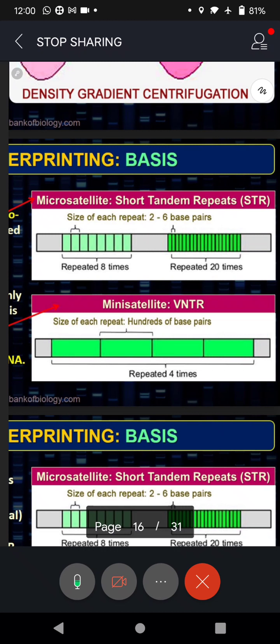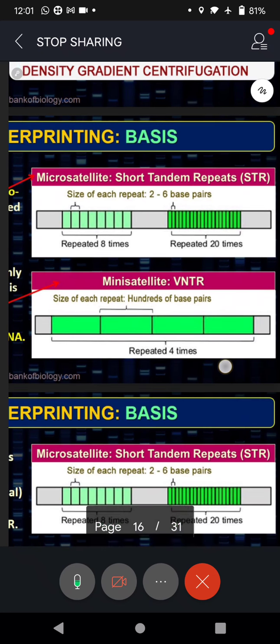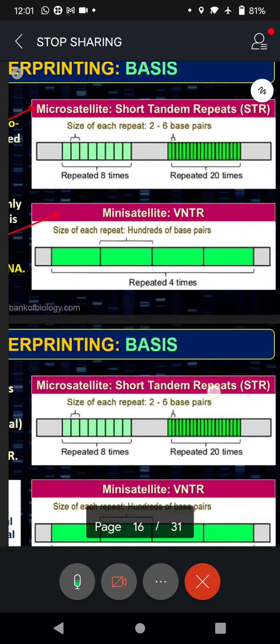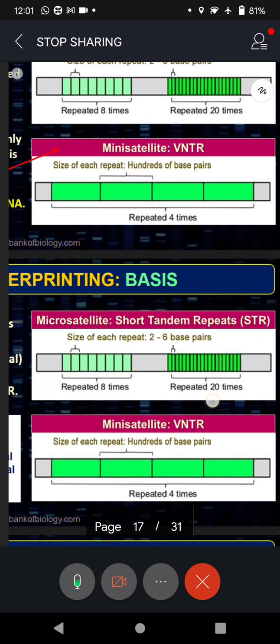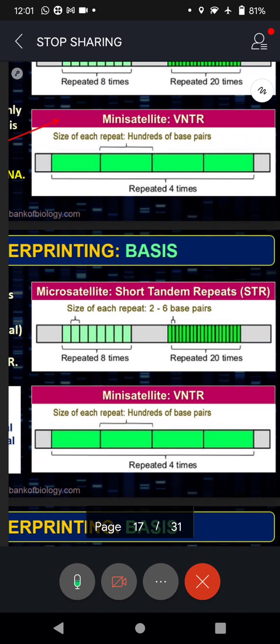Those are called microsatellites or STR. Another one, mini satellite, where the base pairs are more, and you can see the size also. That is what we call VNTRs, variable number of tandem repeats, and that is also repeated 4 times. Now look at that, STRs and VNTRs.